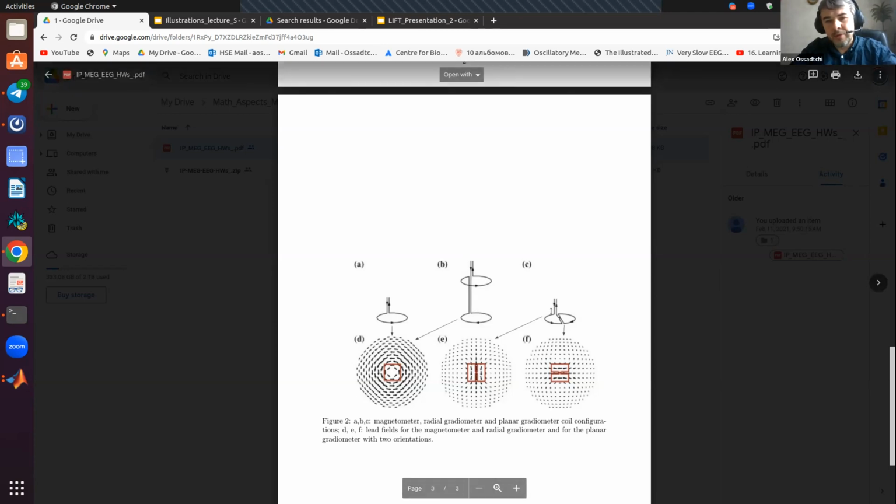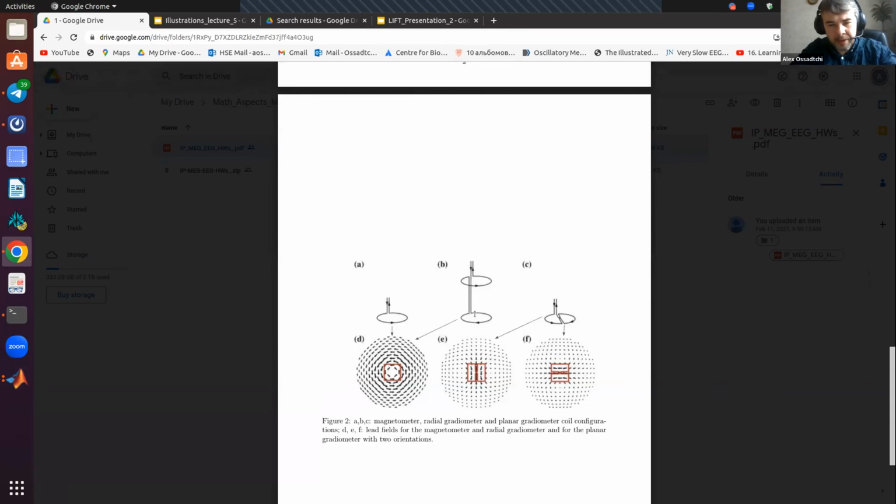Okay, and this is the radial gradiometer, because the first coil is closer to the head and the other coil along the radius is displaced from the head surface, right?